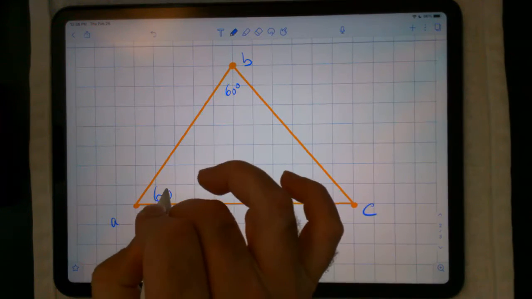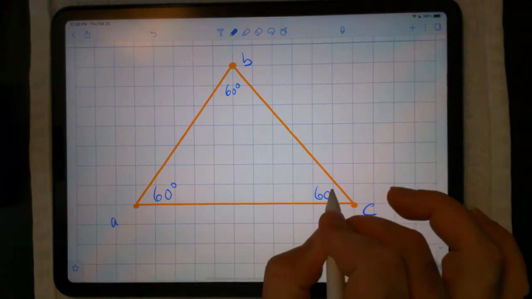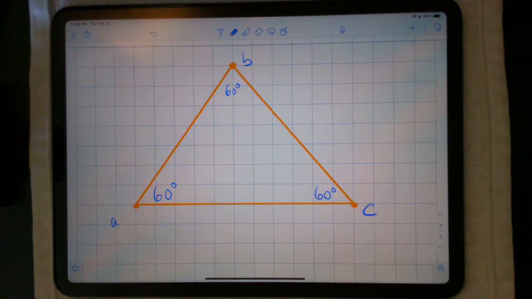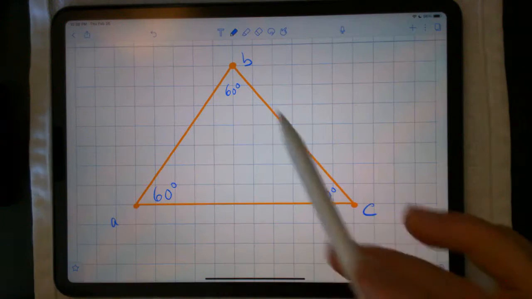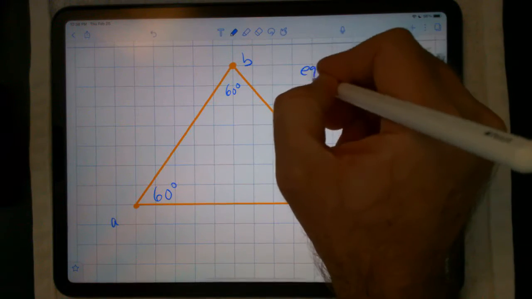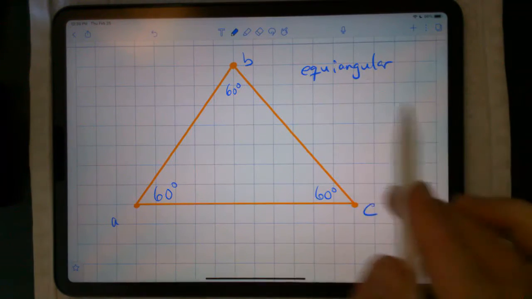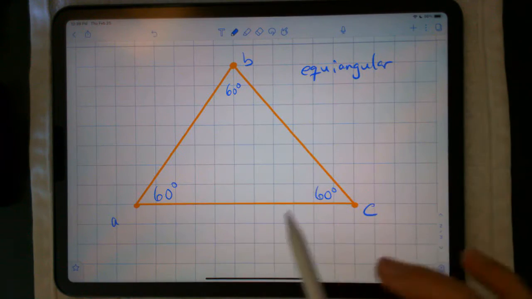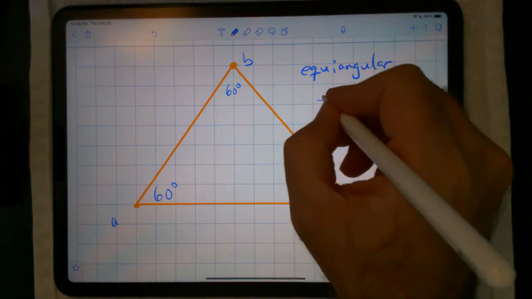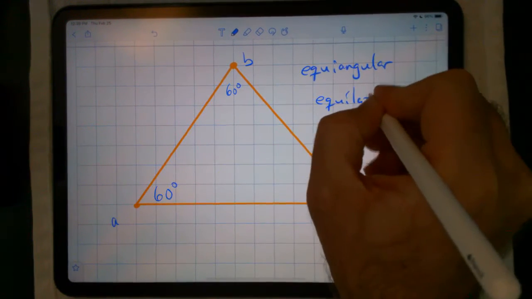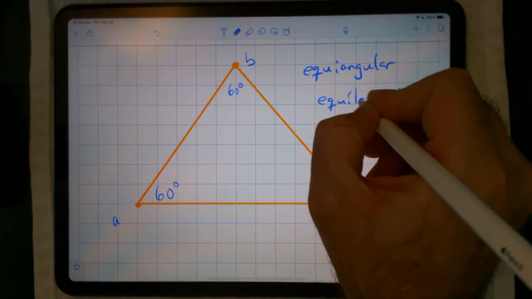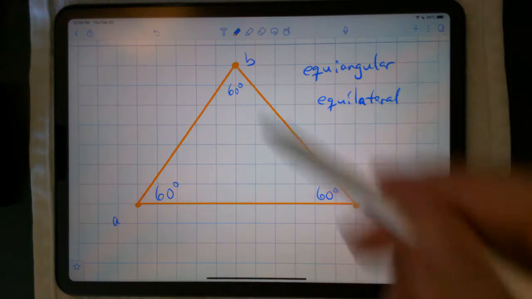So let's make each of these 60 degrees just for the purposes of this discussion. An argument is just an exchange of ideas. It doesn't have to be a negative connotation. So this is an equiangular triangle, meaning all angles are the same, and this is also an equilateral triangle because all of your sides are the same.